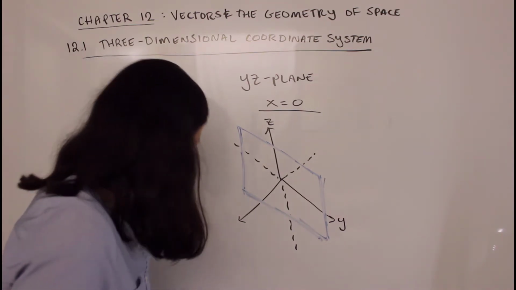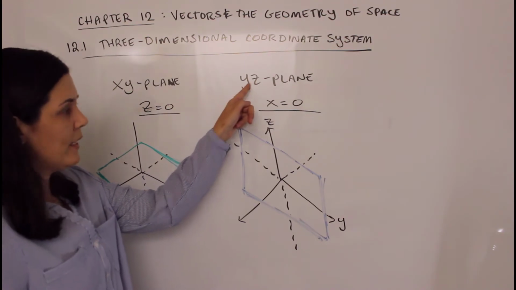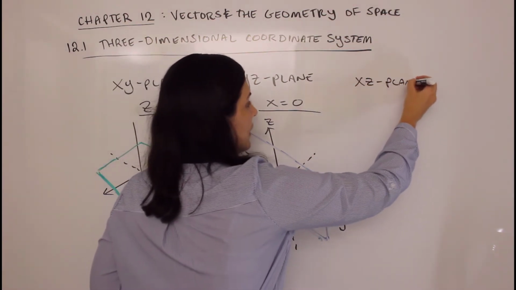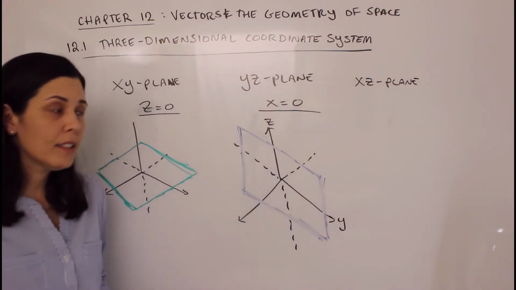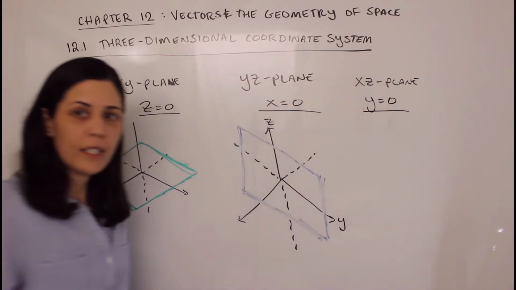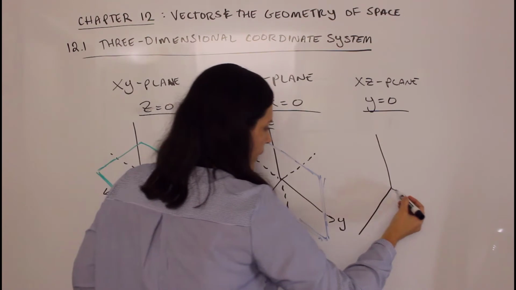And then the third one, hopefully you can guess it by now: XY plane, YZ plane, XZ plane. And what's the equation for that? Well, you got it, y equals 0. See if you can visualize this, and I'll draw my quick coordinate system here.